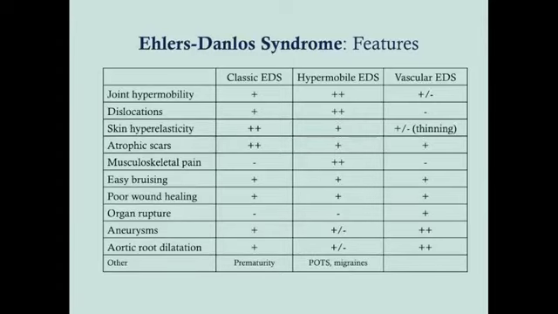That's highly associated with EDS. For the most part, hypermobile EDS is where you'll see more joint hypermobility than the classic EDS, but you also see musculoskeletal pain as well. And then the vascular EDS is a little bit different than the other forms, in which there's a significant risk for aneurysms, aortic root dilatation, and organ rupture.